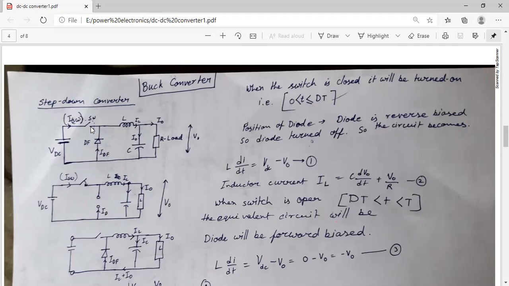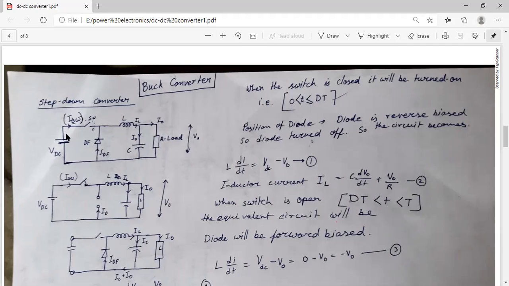Now if the switch is on, then what will happen? The current will pass through this way. If the current is passing through this portion, the diode will be reverse biased. So the diode will be turned off.